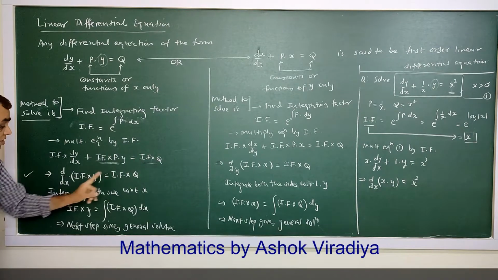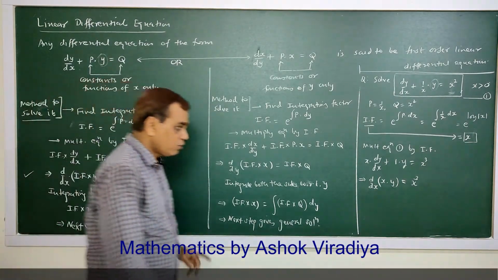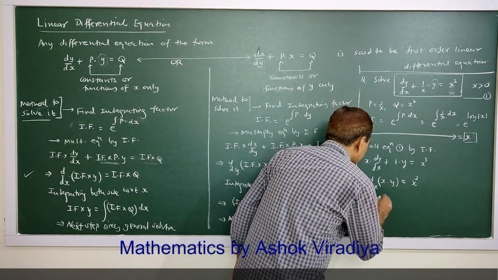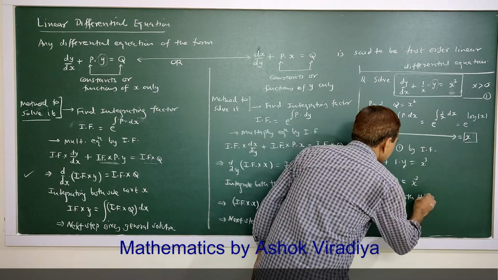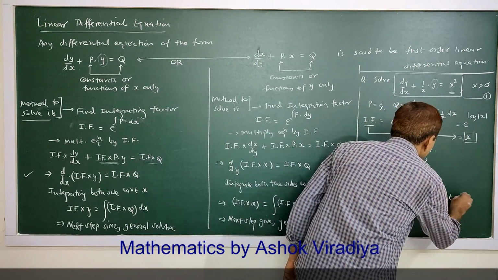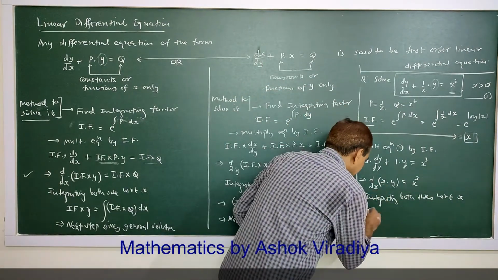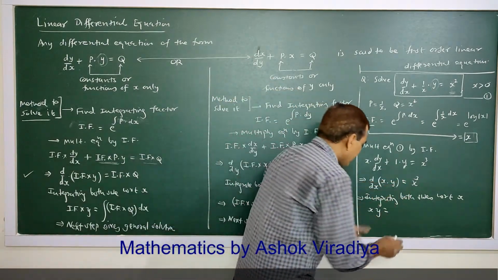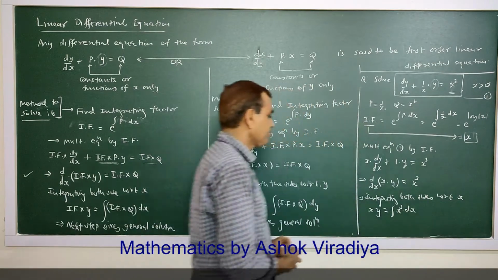Now next step is integrating both the sides with respect to x. Now I am integrating both the sides with respect to x. Integral of LHS is x into y. Integral of x cube is x cube dx.